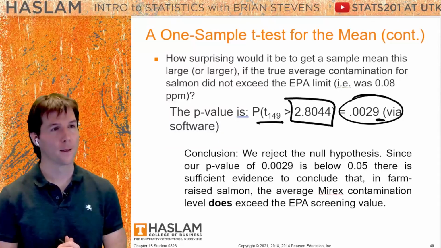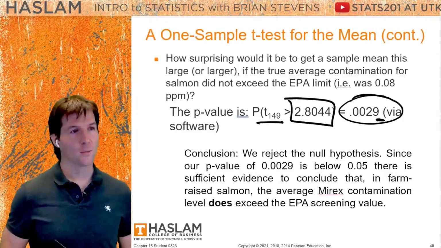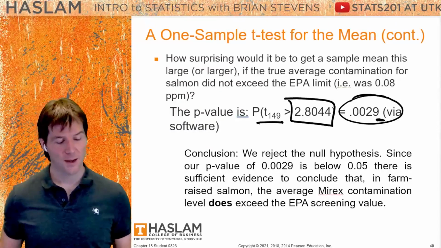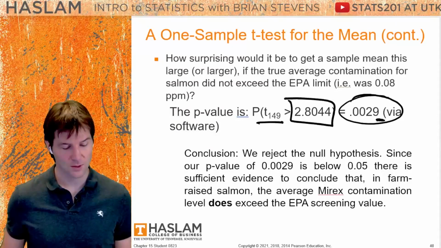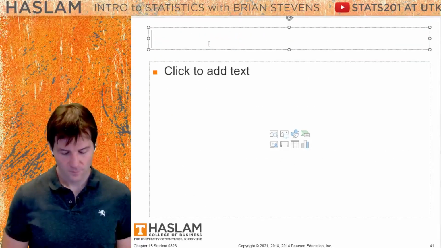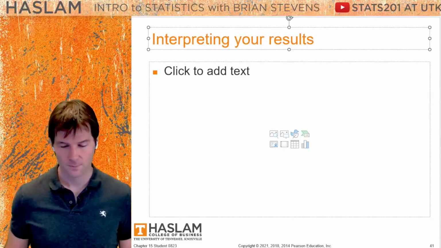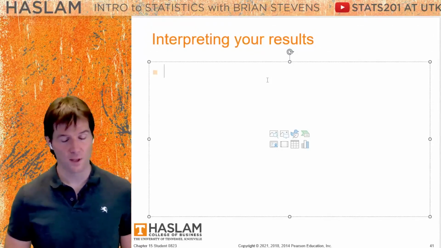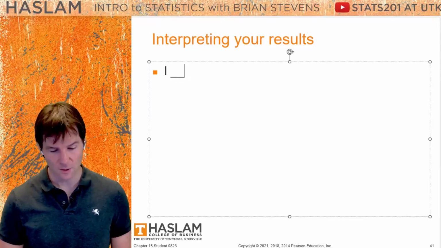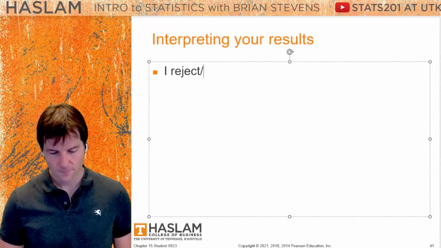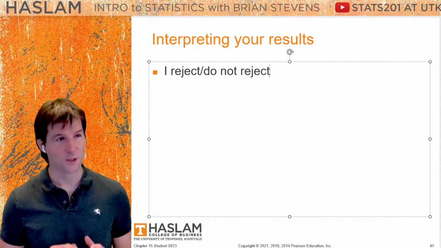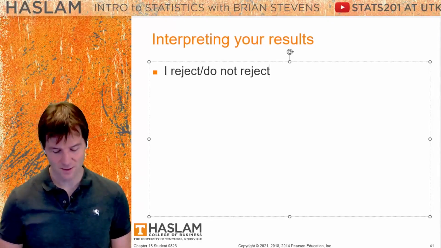What would it be? What we need to know now, after we know the p-value, is how to interpret these results, which is key. We need to write the following. I either reject or do not reject the null. If your teacher wants you to say fail to reject, say that instead.